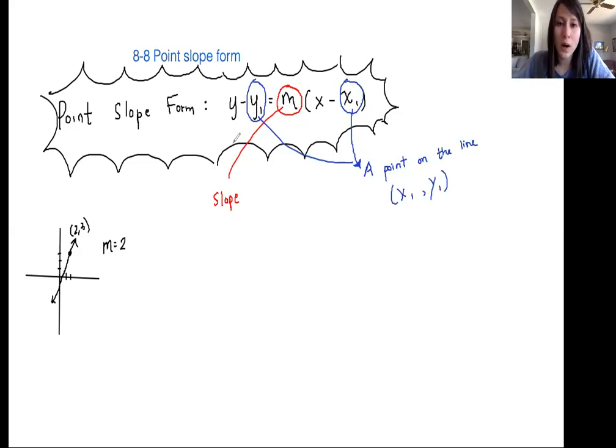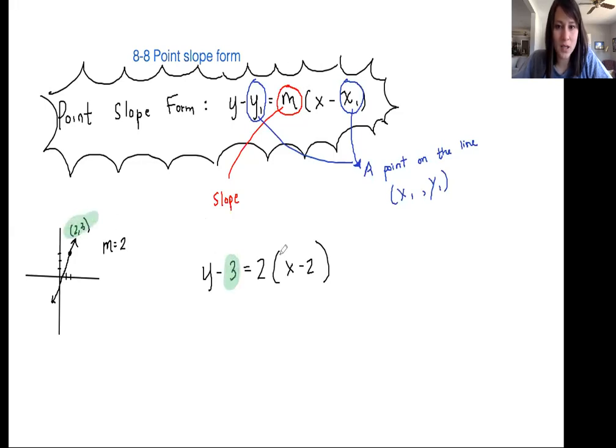But if we were to write this as an equation, we could write it as y minus 3 equals 2 times x minus 2. So see how I put the point that's on my line into the position where x1 and y1 is, this 2, 3.